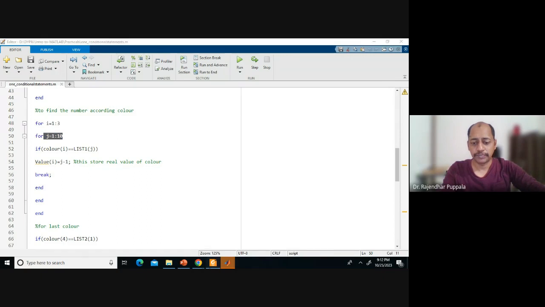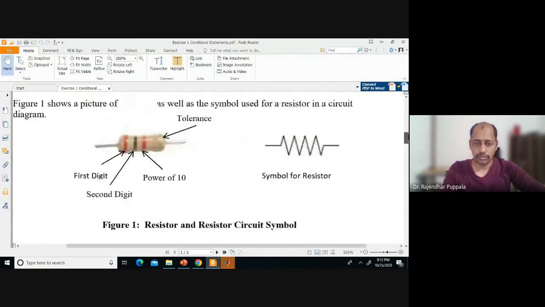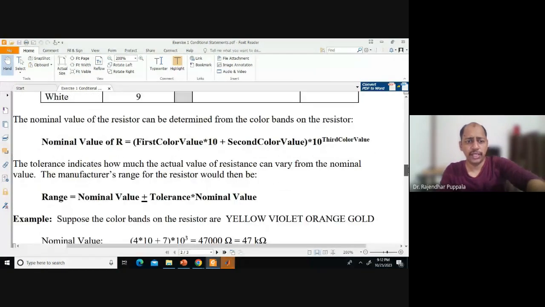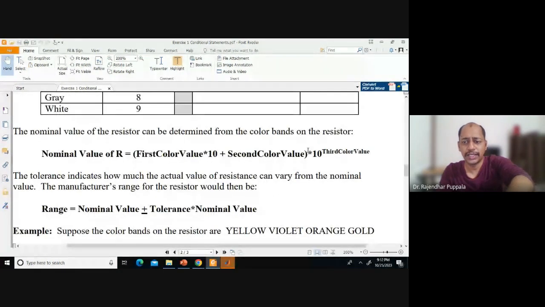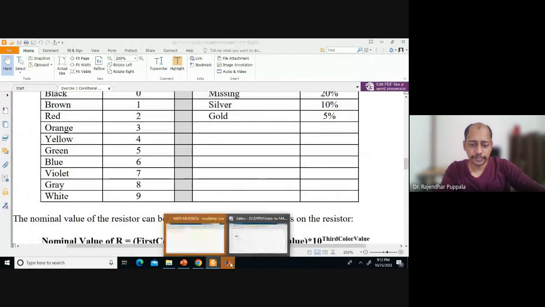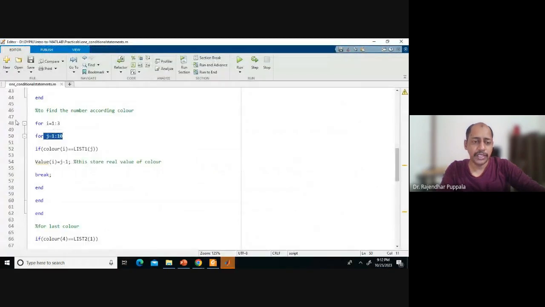You can see here, for calculating the nominal resistance value, first, second, and third values are only required, right? But while finding the range, the fourth value is also required. That is tolerance. So for this reason, we are taking a loop from 1 to 3 only.